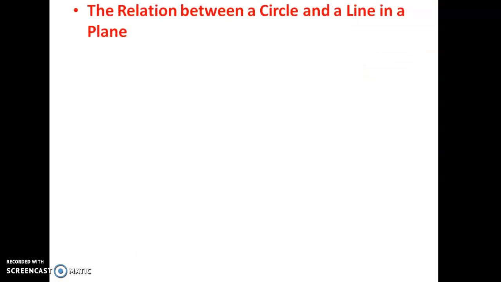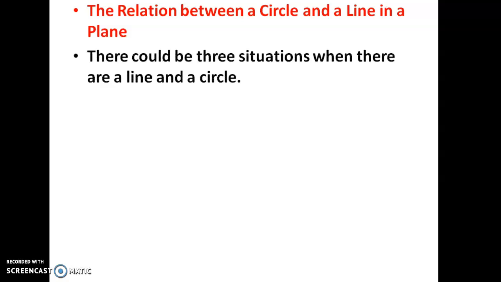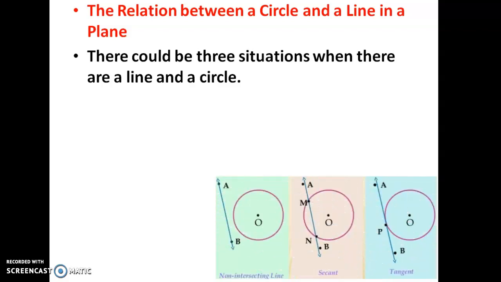Then, the relation between a circle and a line in a plane. Plane means just a flat surface. So what's the relation between a circle and a line? There would be 3 situations, three conditions you can expect. A circle is there and a line is there, and they are not touching each other. So it is non-intersecting.